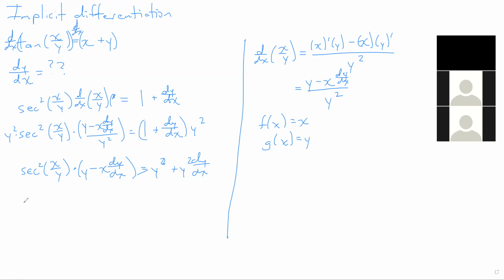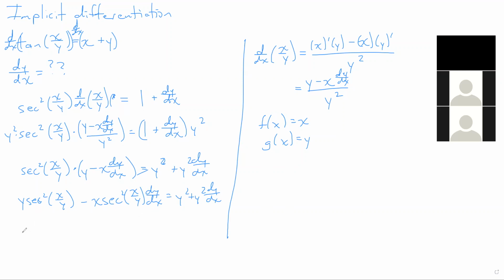Okay, I'll go ahead and distribute it on the left then. So I get y secant squared x over y minus x secant squared x over y dy/dx equals y squared plus y squared dy/dx. So I think I'm finally in a place where I can consolidate all my dy/dx terms on the same side.